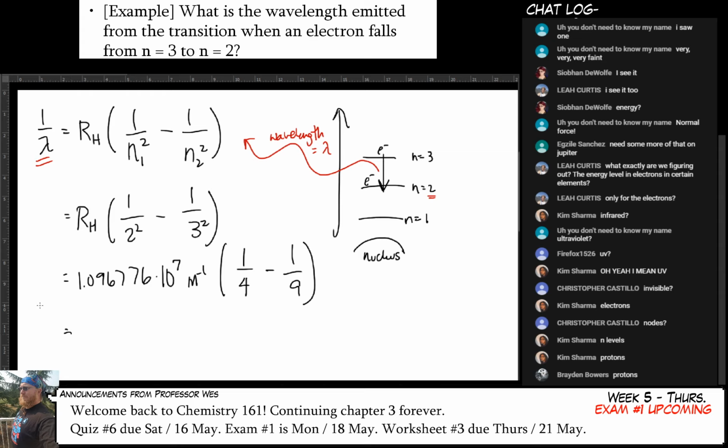And this is what my calculator spit out: 1 over lambda equals 1523300 inverse meters. Now, how many sig figs do we get? These are exact numbers because these are counted. And the Rydberg constant is 7 sig figs, so I get to keep all of these digits.